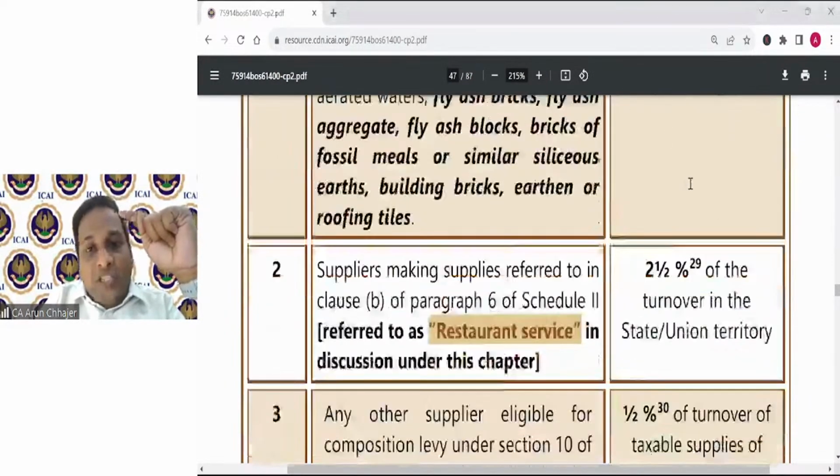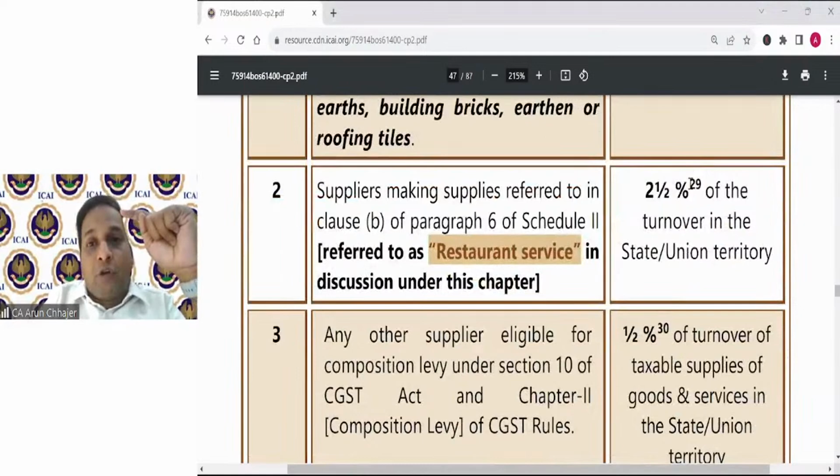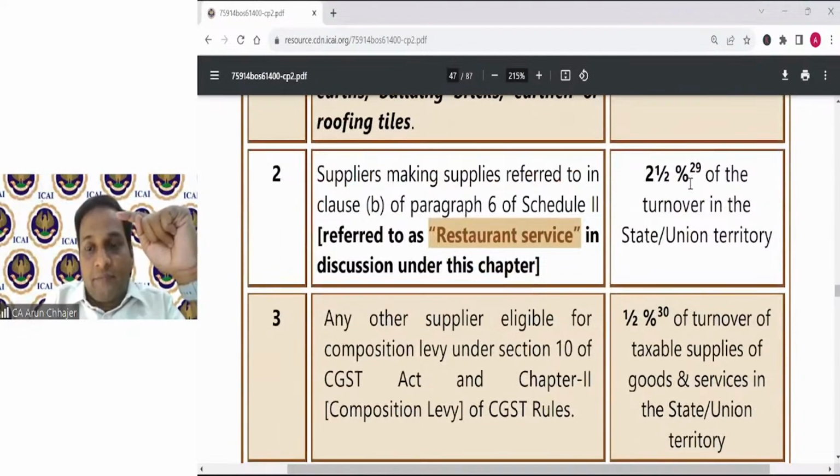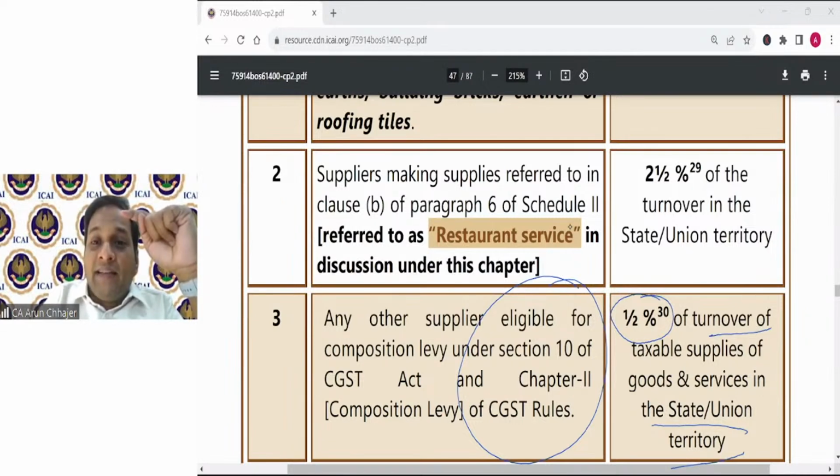But the situation is not the same when I am talking about a trader of the goods. What is the trader of the goods? 0.5% of turnover in the state or UT, but now they are adding certain additional words.